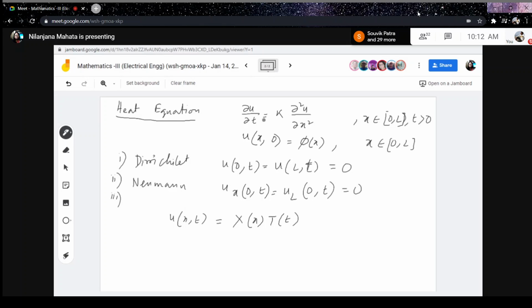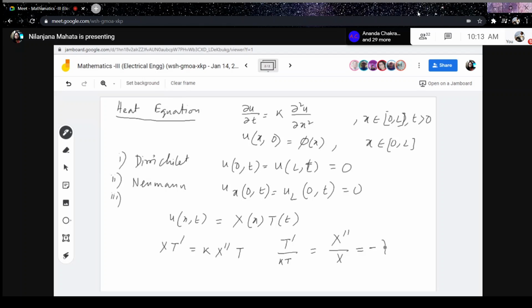So this equation we can write as X T dash is equal to k X double dash T, which implies T dash by kT is equal to X double dash by X. I am writing this as minus lambda.